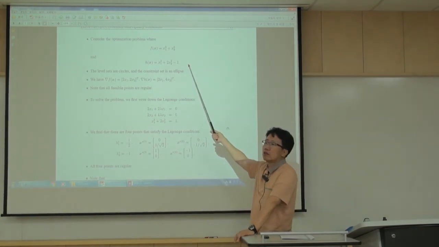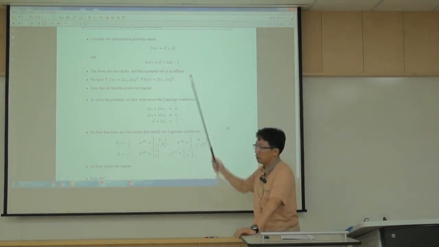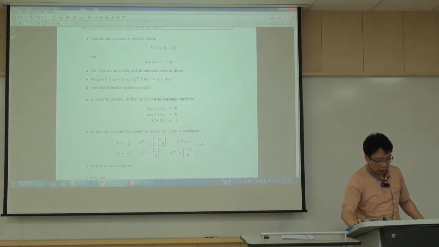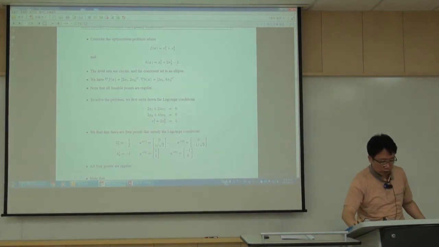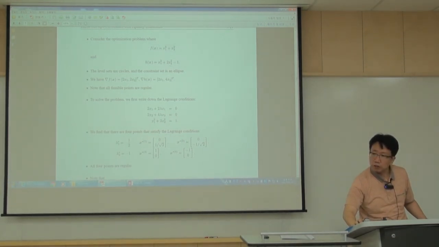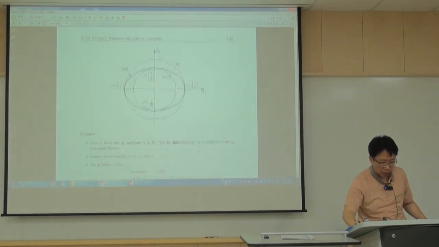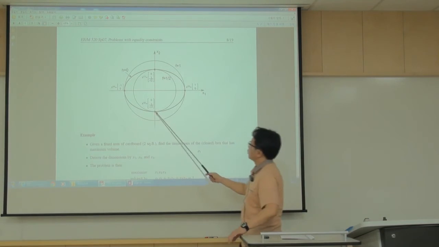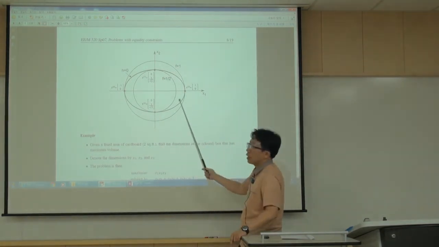Now, how can you solve it? If you are a high school student, you will draw a figure. First, you will draw the constraint set. What is that? That is an ellipse, right? The level set of f of x is a circle. So actually, this problem can be graphically solved like that. This ellipse is the constraint set.